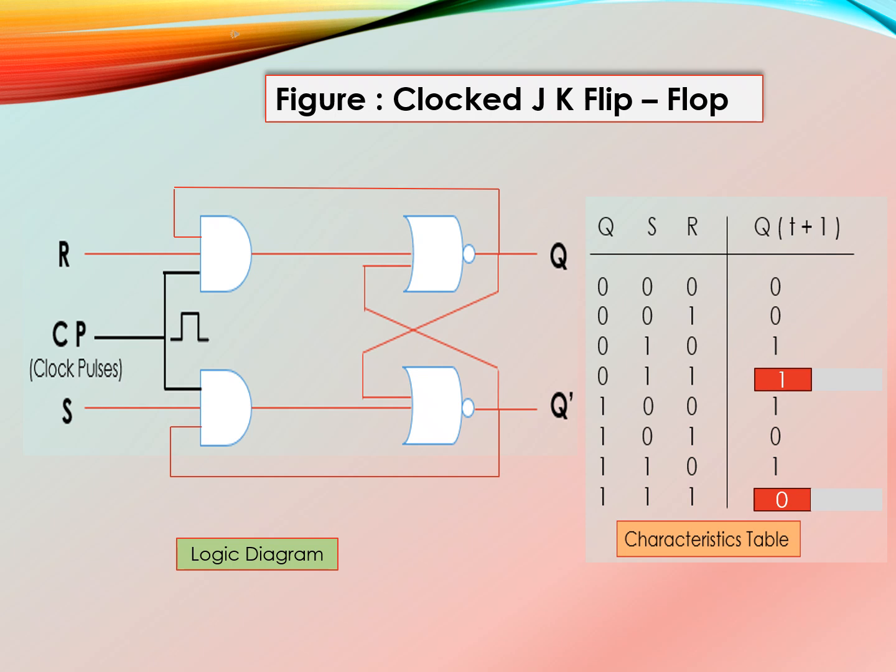In the RS flip-flop, we see that when S equal to 1 and R equal to 1, in both positions of Q, 0 and 1, it becomes invalid. But in this logic diagram, we see that in both positions Q(t+1), that means the next state, becomes valid. Let's talk about this in the next slide.